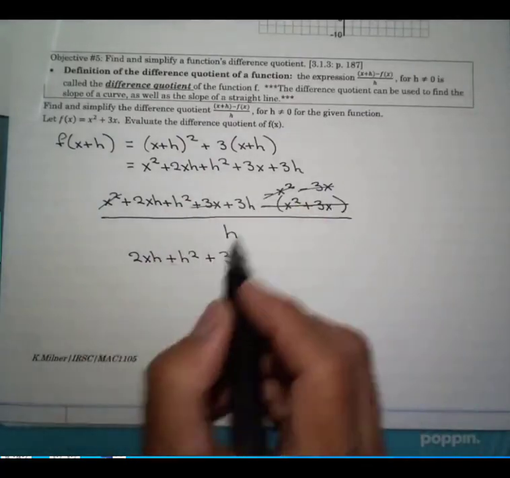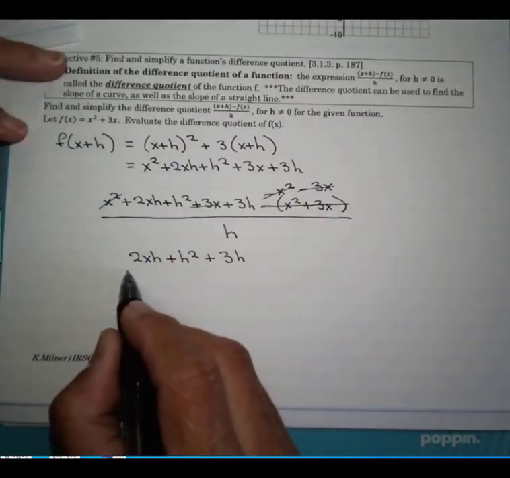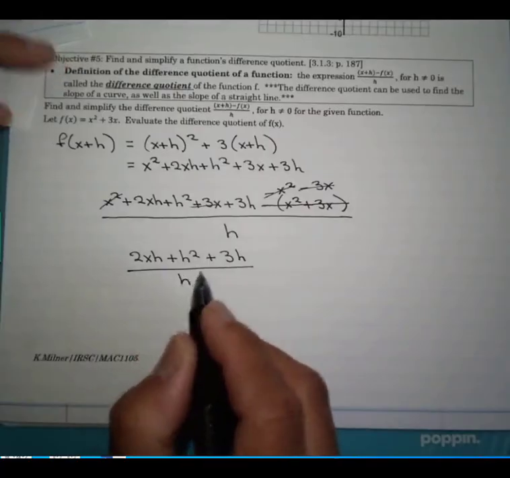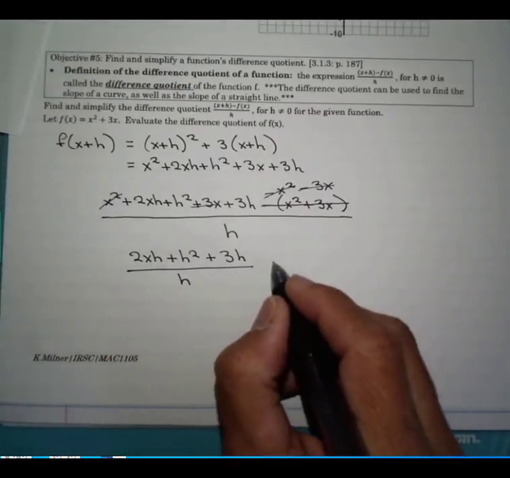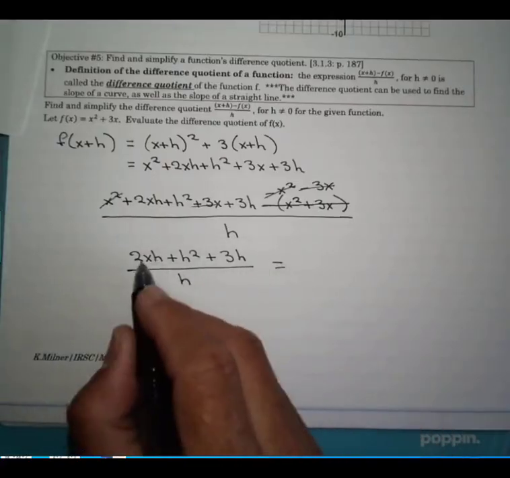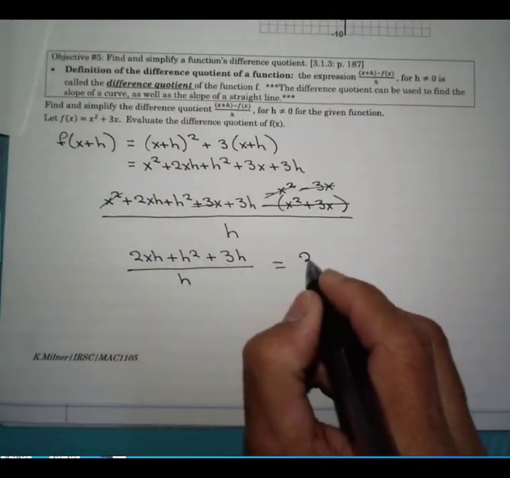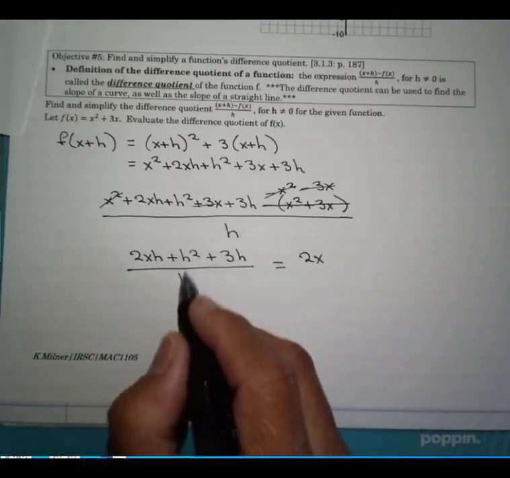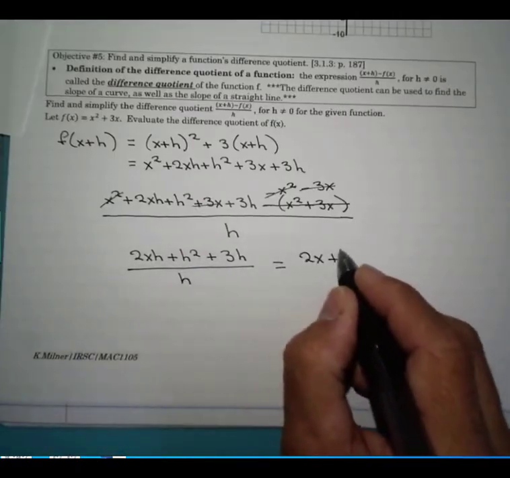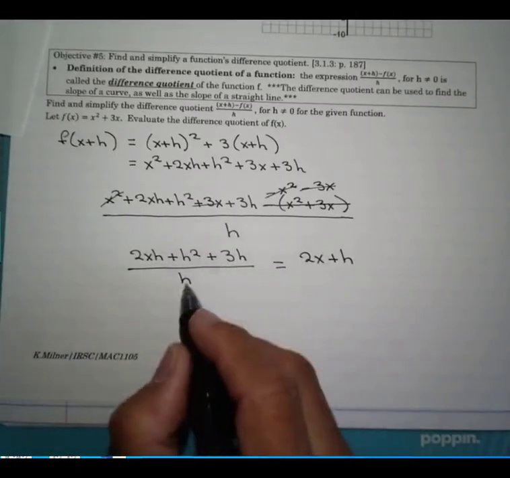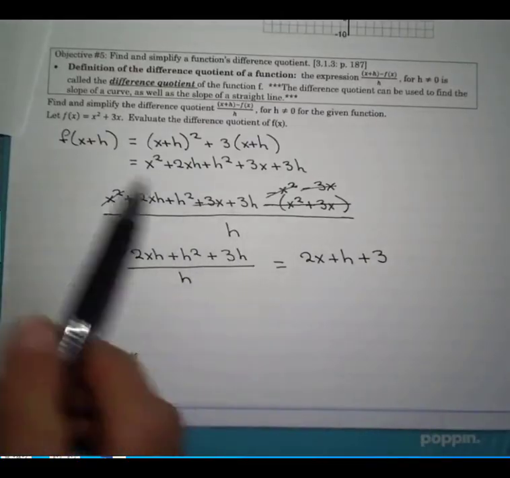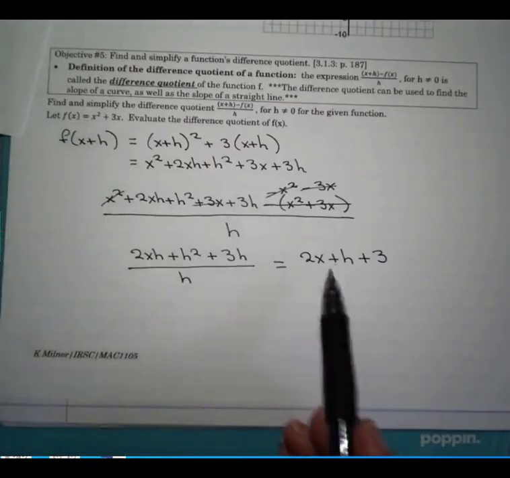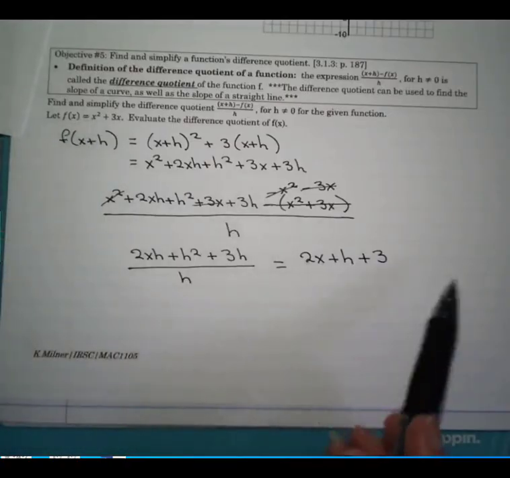That's everything in the numerator, and I'm going to divide that by h. Well, each of these terms in the numerator has an h in them, so I can do that division. When I divide 2xh by h, I just end up with 2x. h squared divided by h just gives me h, and 3h divided by h gives me 3. So the difference quotient for this particular function is 2x plus h plus 3.